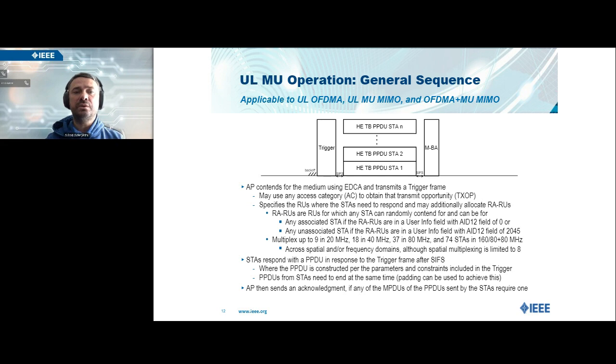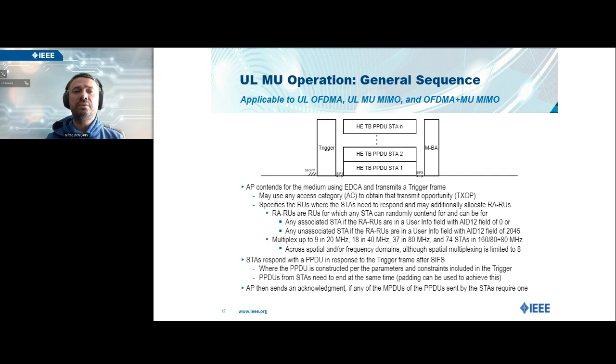So this is a relaxation of the baseline rule that we have for EDCA access for trigger frames at the access point side. And it is going to specify the resource units where the stations need to respond, and it can also add random access RUs in the trigger frame. For stations that the access point knows have pending data, the AP allocates individually addressed resource units.